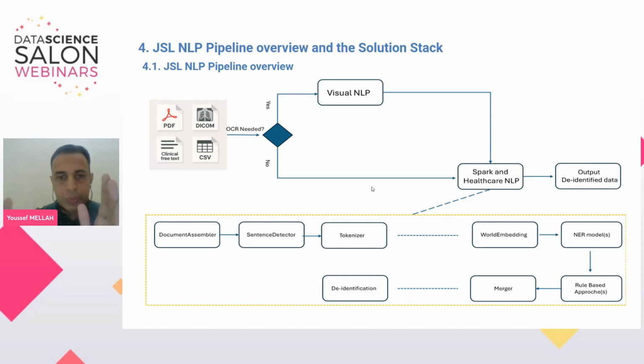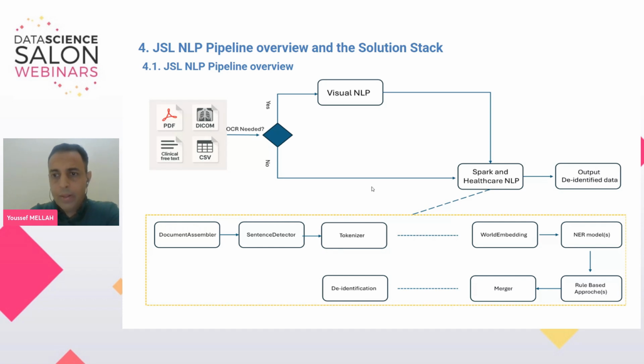After that, we can add the tokenizer in order to tokenize the detected sentences. After that, we can add some components, for example, for the normalization of the text or of the tokens. And after that, we can convert the words into embeddings, into vectors, then feed the vectors into the machine learning or deep learning models, here the NER models, to detect the PHIs.